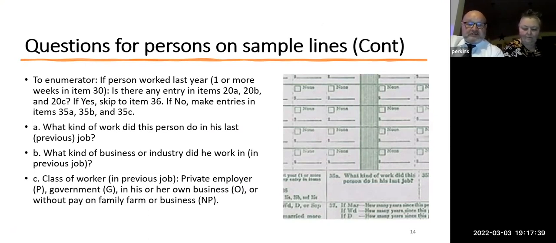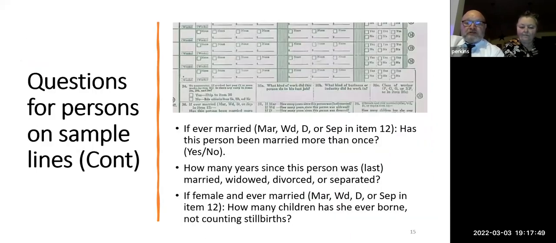It's pretty basic here, just to get additional information on work history and so forth. And the very final one is, if it was a female, their marital status and how many children they had that were not stillborn.